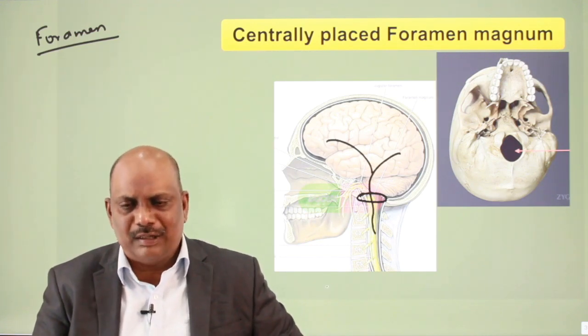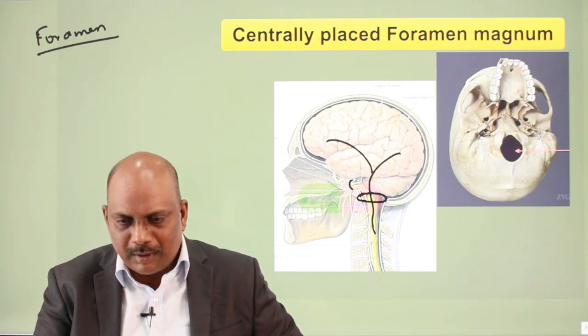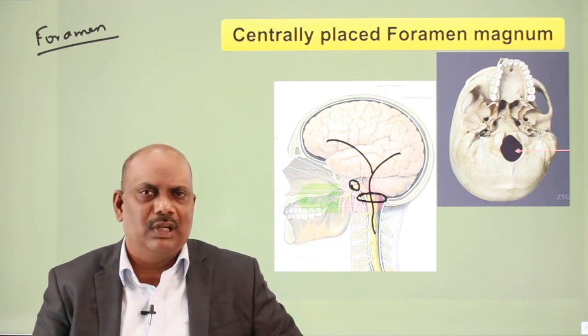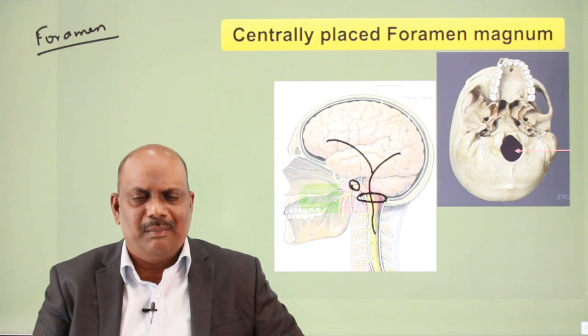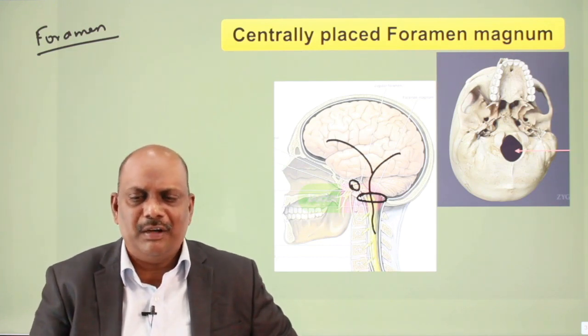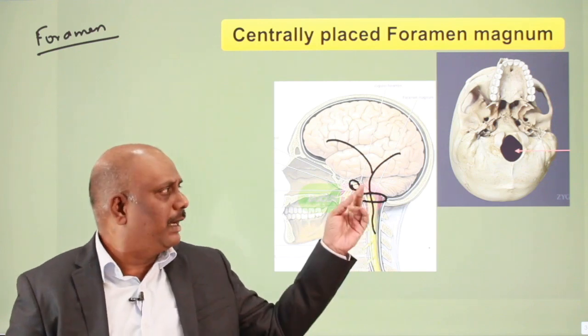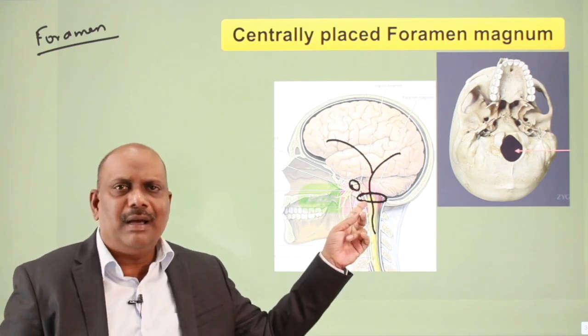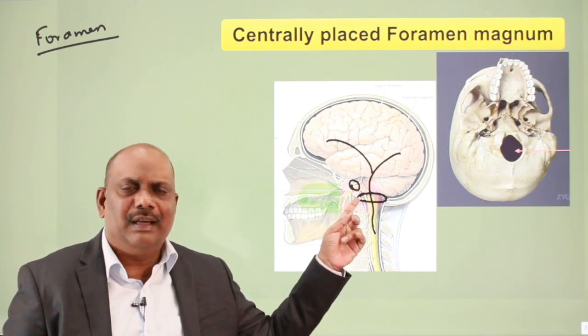There are also other foramina, like this jugular foramen, through which the jugular vein passes. But that doesn't have any evolutionary significance. But the position of the foramen magnum implies a number of evolutionary significances.